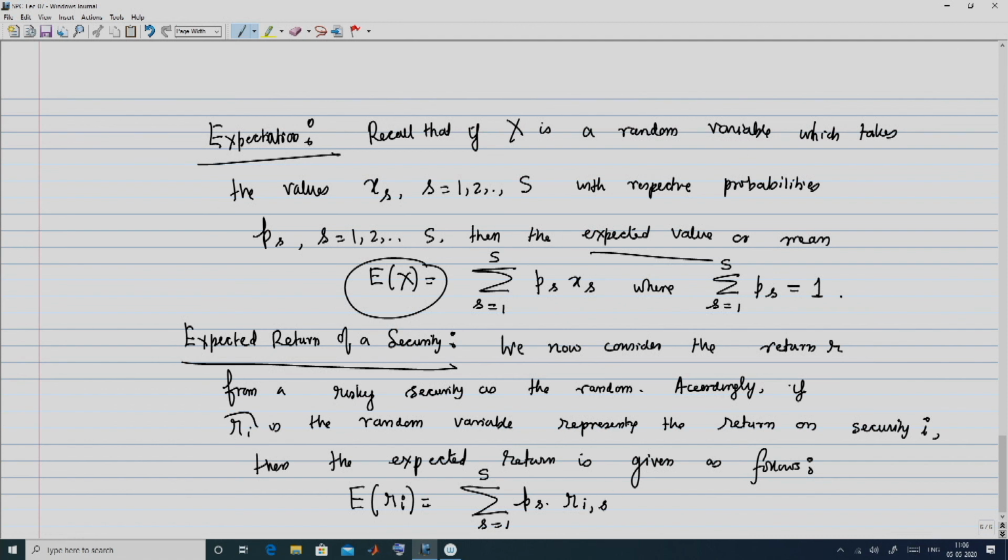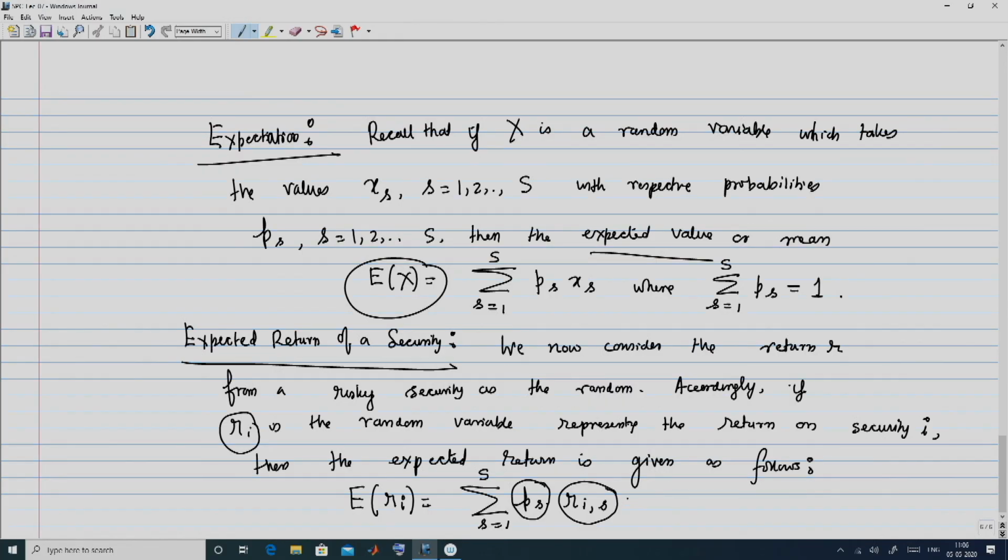Note that here this random variable Ri will take possible values of R i s with the corresponding probability of p subscript s. This random variable is the return of a stock price, and I am saying that under capital S number of different scenarios, if I choose a generic scenario small s, then for that the random variable Ri will take the value of Ri subscript s with the corresponding probability of p subscript s.